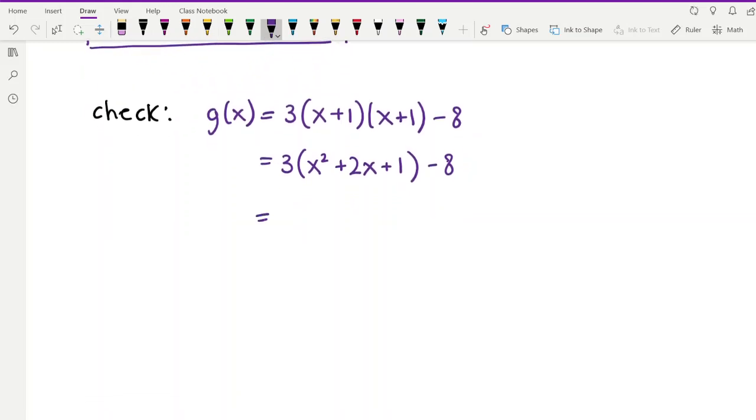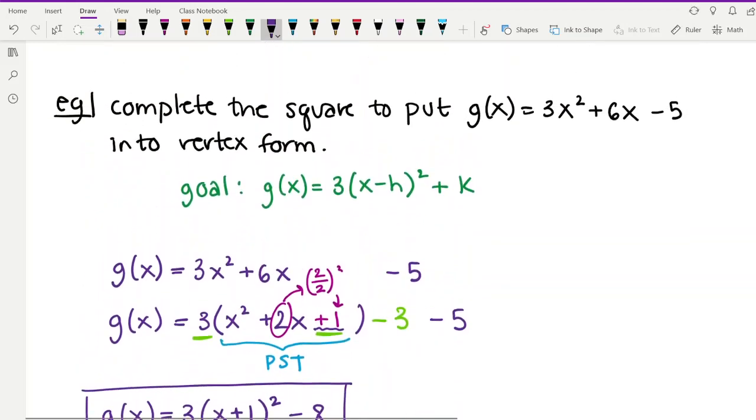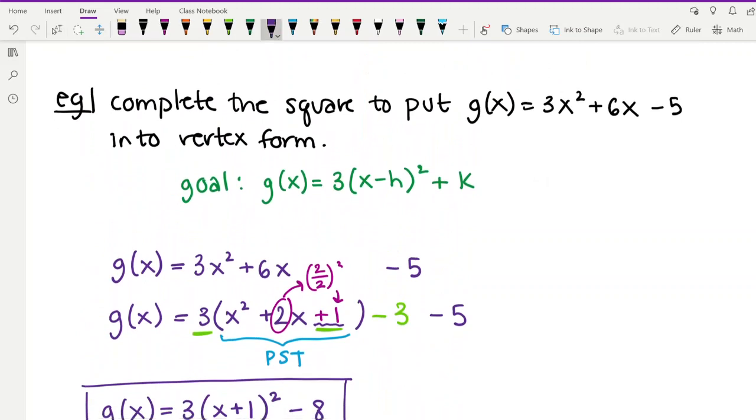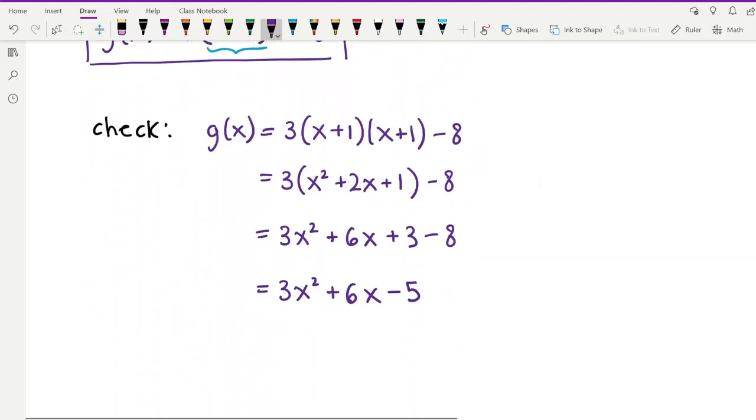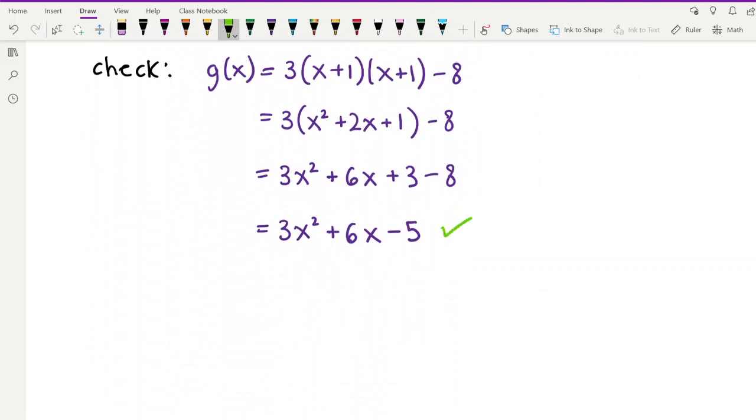That's going to give us 3x squared plus 6x plus 3. So now we can see where the fact that we actually added a 3 comes in, minus 8. And so this is going to give us 3x squared plus 6x minus 5. And so if we go back and compare to our original quadratic function, that agrees, and so we're good. That is the correct vertex form.